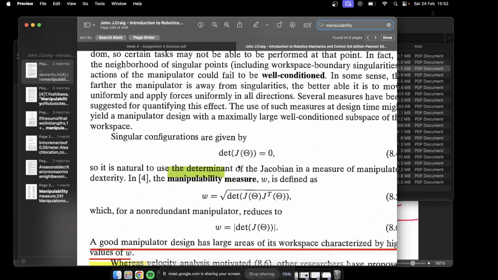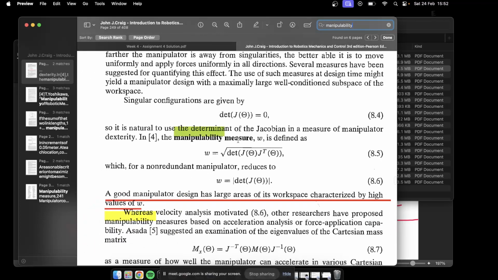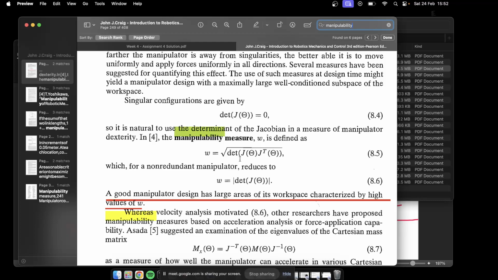There is a quantity defined as the manipulability measure, and that is the square root of the determinant of the Jacobian times Jacobian transpose. Why did we do J J transpose? Because J can be a non-square matrix in the case of redundant manipulators.